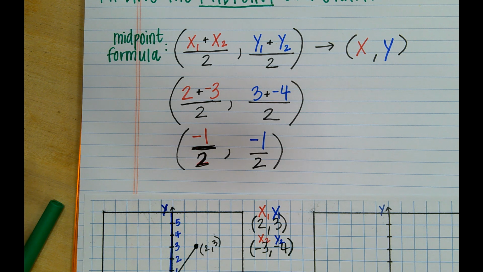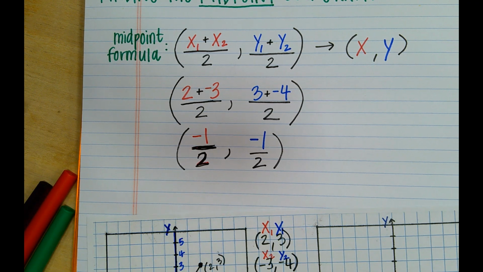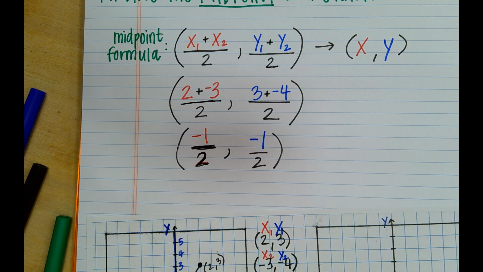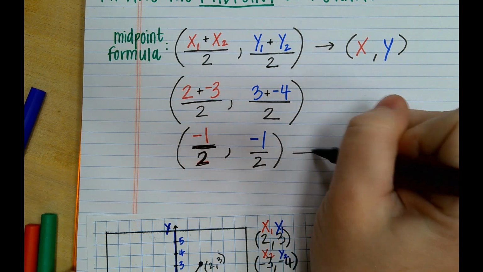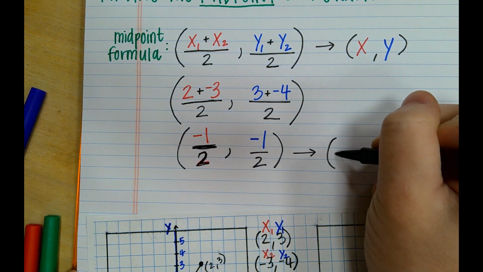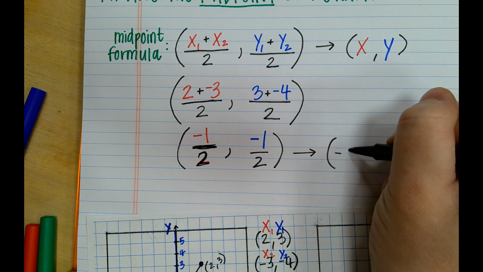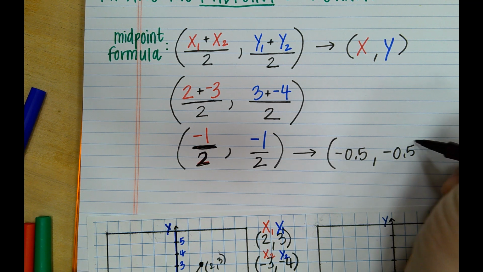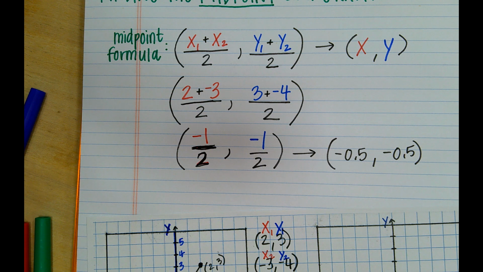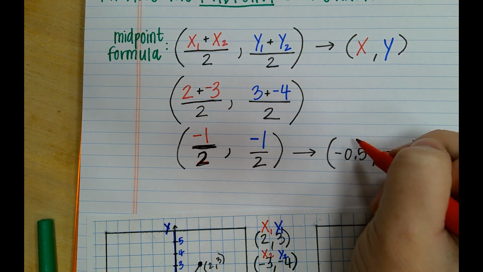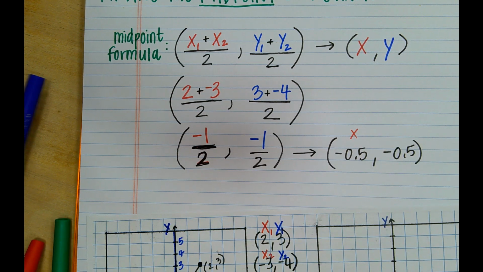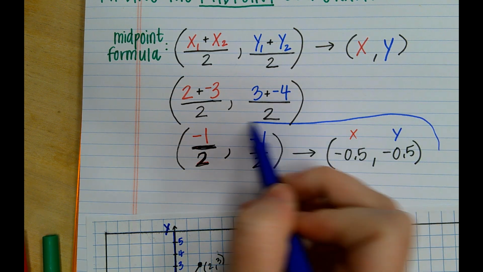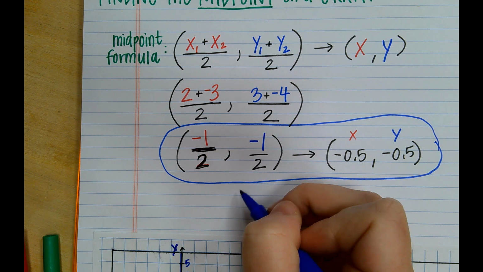Okay. So my new coordinate, you could leave them as fractions if you want, or you could write them as decimals. I will have -0.5, -0.5, or you could just leave it as -1/2, -1/2. Both the answers are correct. And there's my x and there's my y. So I'll circle both of these. Either is correct.